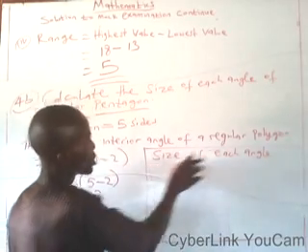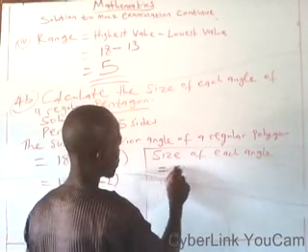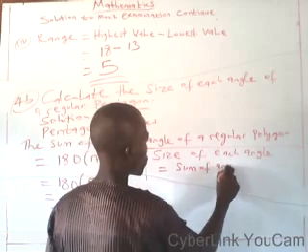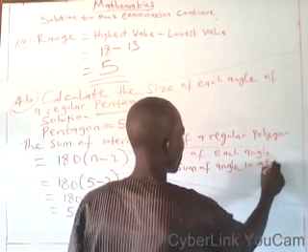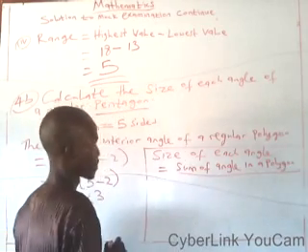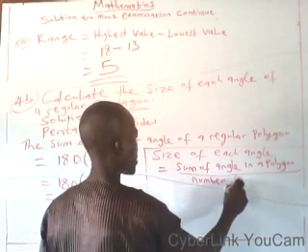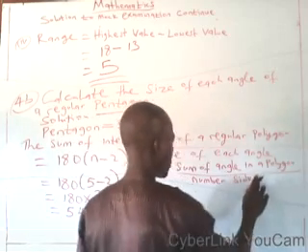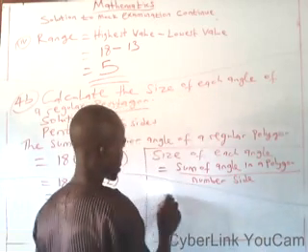In that case, the value for each angle is going to be the sum of angles in a polygon all over the number of sides.